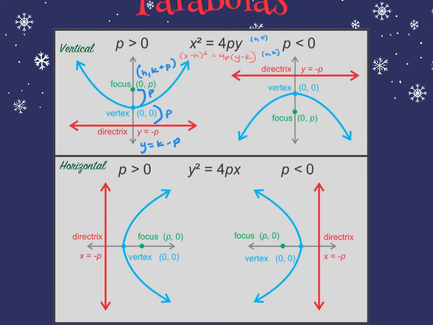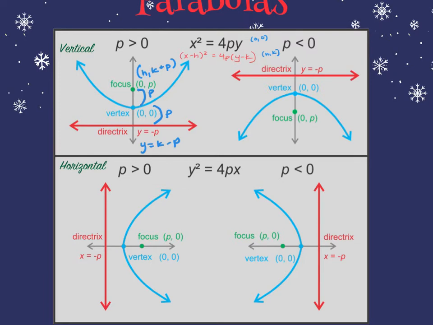If the 4p is negative, then it flips it upside down. So now it's pointing downwards. The p is still the distance between the vertex and the directrix and the vertex and the focus, except that you go down for the focus and you go up for the directrix. Same thing here. If my vertex is at 0, 0, then my directrix is at y equals negative p.